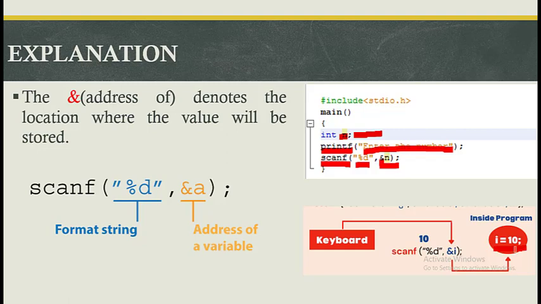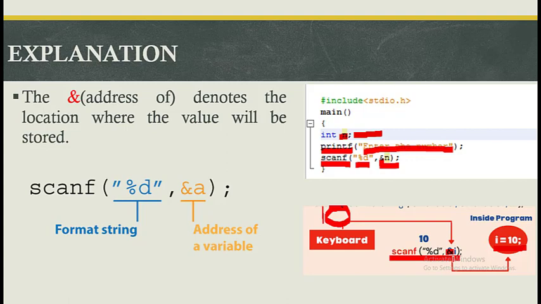If we declare a variable and call it i, and the value needs to be entered from the keyboard, we are going to have such a scanf statement where we prompt the user to enter a value. Assuming the user entered the value 10, that value will be taken to the location.